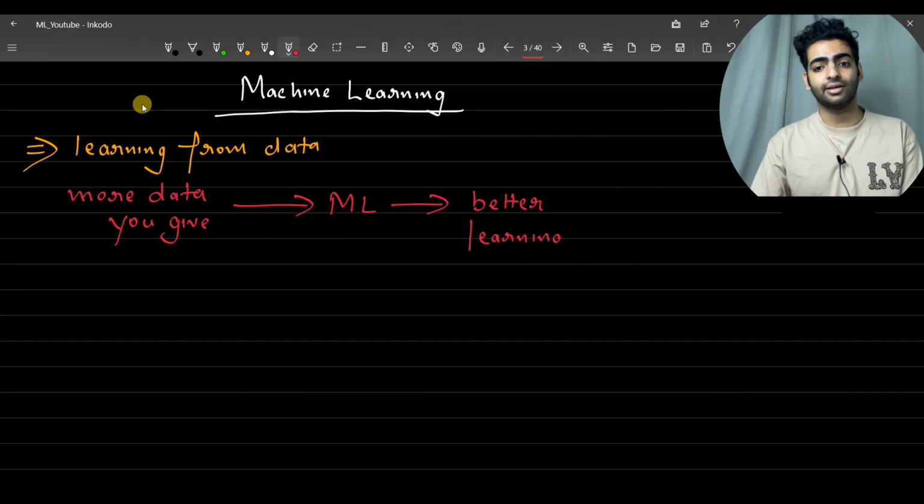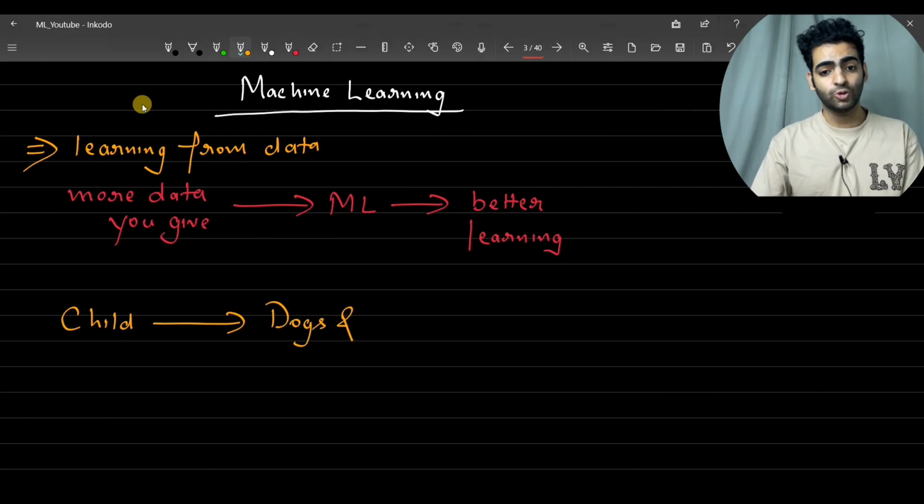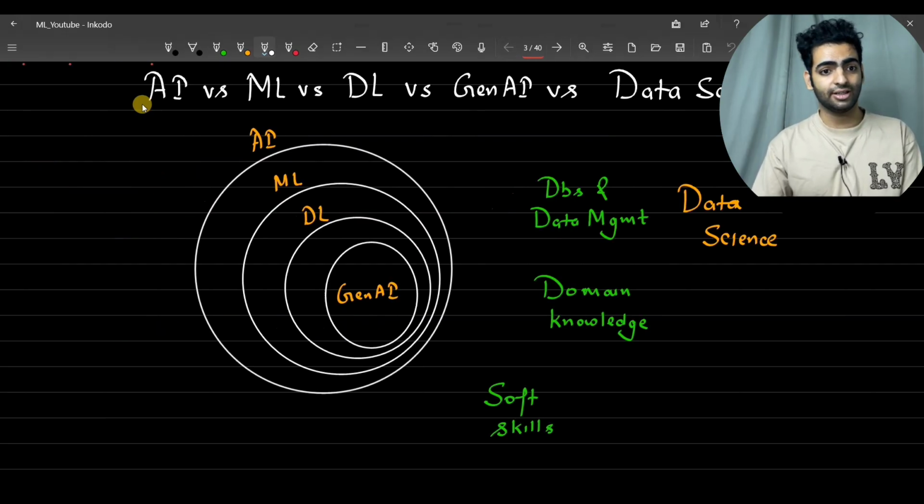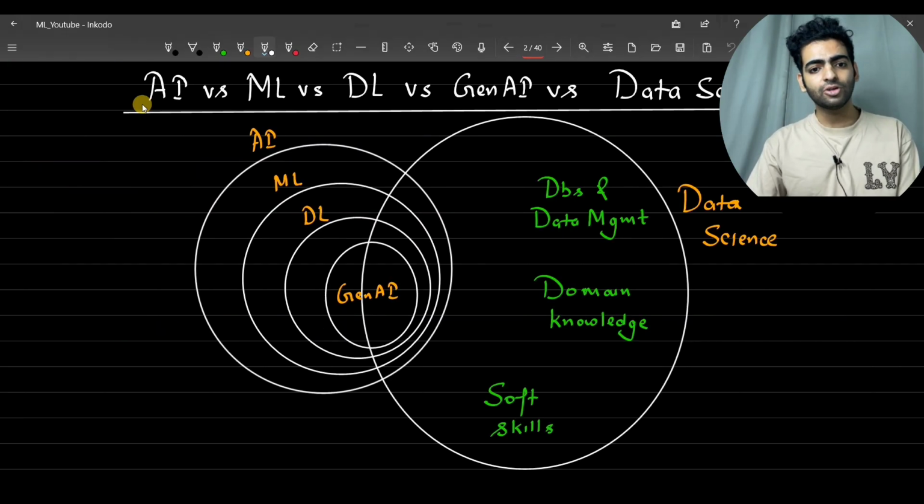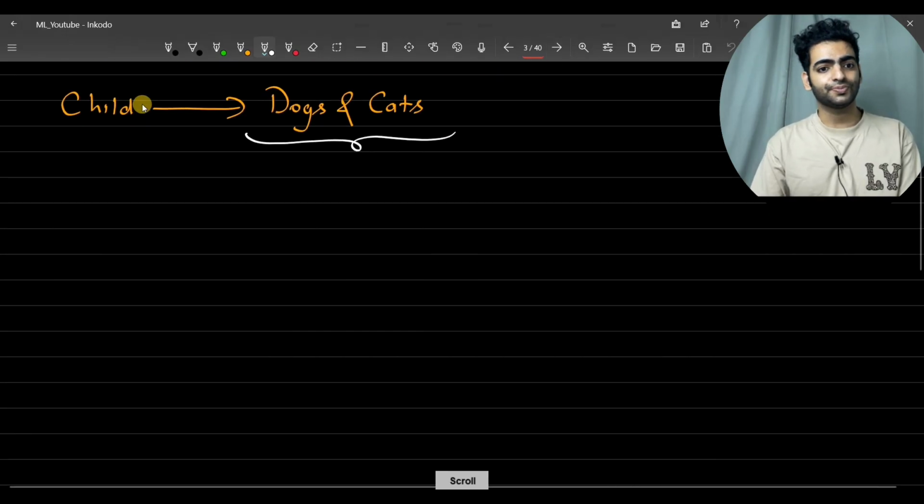Okay, so think of like this. If you will show multiple photos of dogs and cats to your child, then over a period of time he is able to differentiate between dogs and cats, right? That's what the machine learning is. So from the Venn diagram you will notice that it is a subset of artificial intelligence, right?